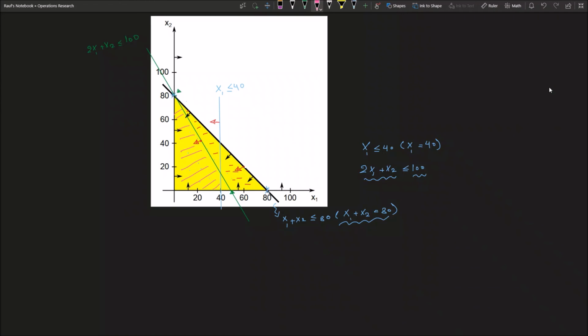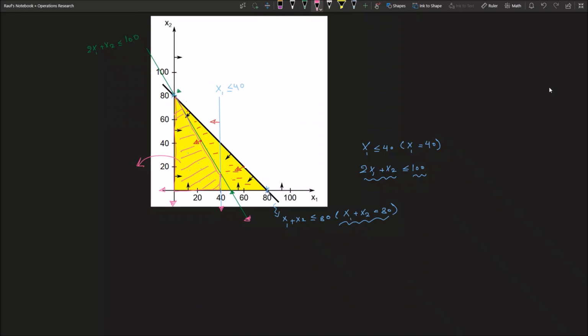So the feasible region is bounded by the y-axis and the x-axis, where x1 is the x-axis and x2 is the y-axis, and part of it is bounded by the line x1 less or equal to 40 and the line 2x1 plus x2 less or equal to 100. So this is the feasible region that we are looking for.